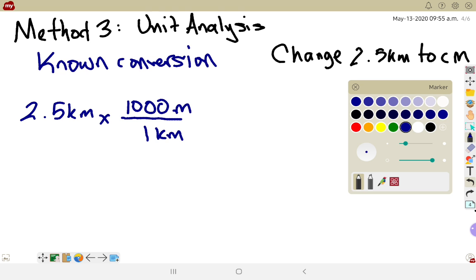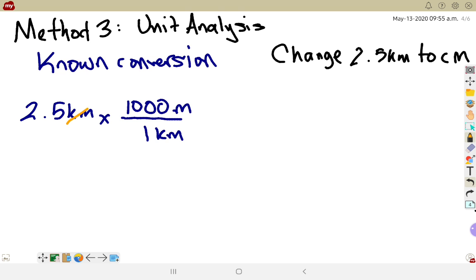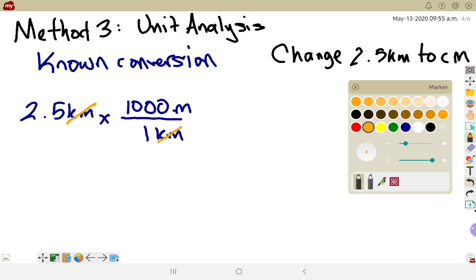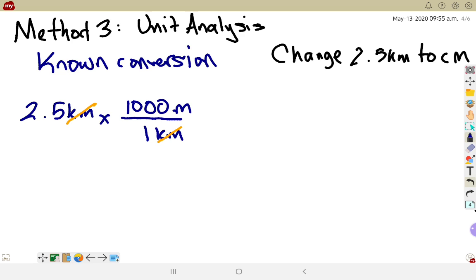And so what happens now is my kilometers are going to cancel one another, right? I got 1 up top, 1 in the bottom. If I was using my exponent laws, I would be subtracting those km's, right? Km exponent 1 minus the 1 in the bottom gives me km exponent 0, which is 1. Now they're not variables, they're units, but they're canceling as if they were variables.